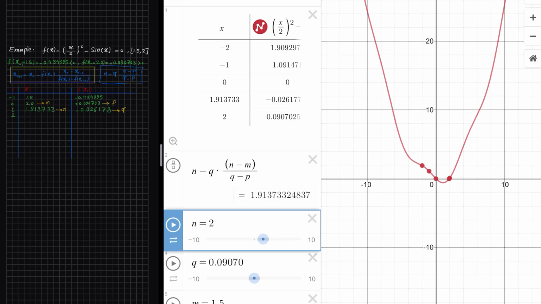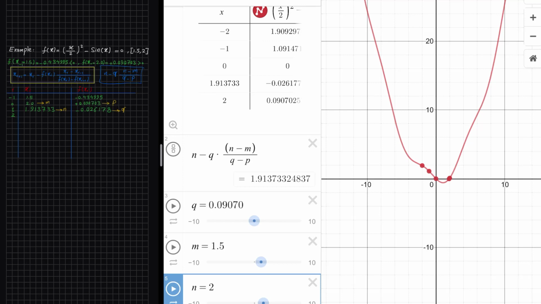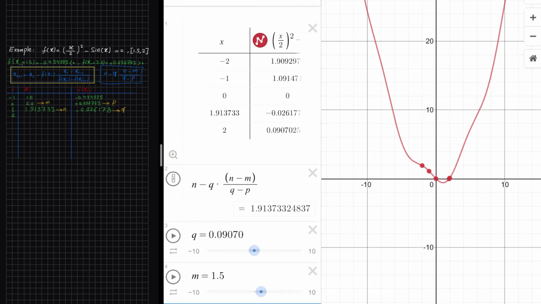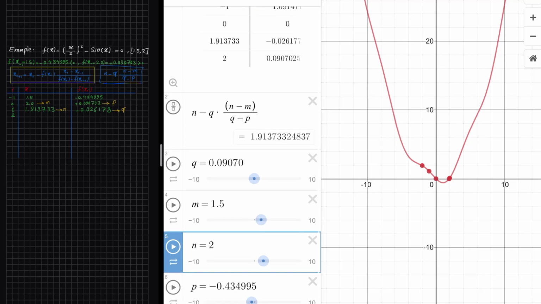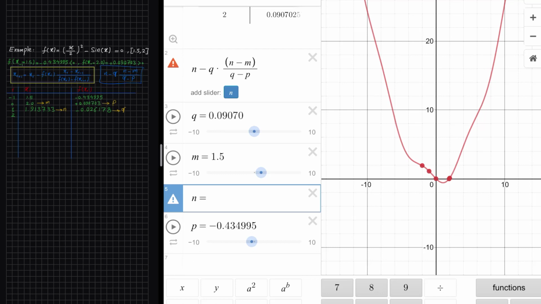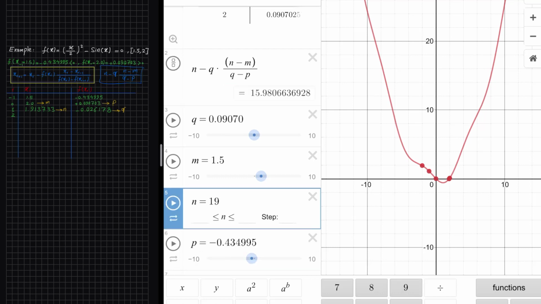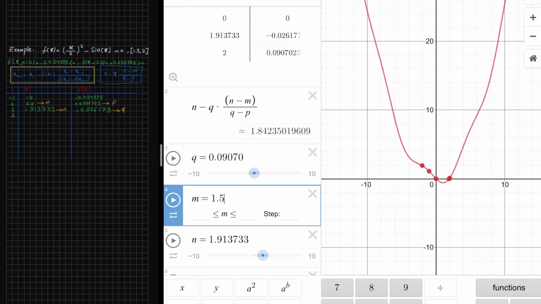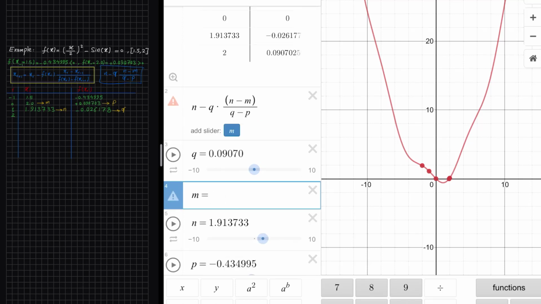So again, we use the same equation. Our new n is 1.9133733. New m is 2.